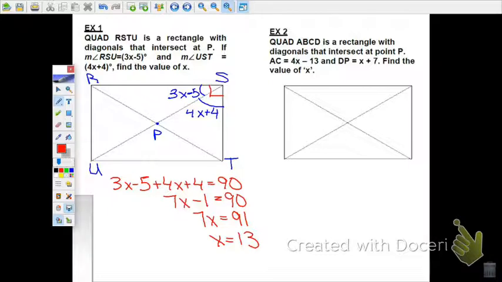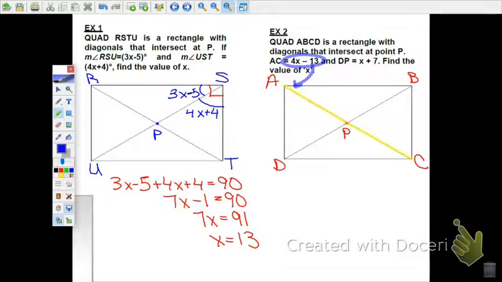Example 2 says quadrilateral ABCD is a rectangle, and the diagonals intersect at point P. For this problem, they tell me that AC, which is the entire diagonal, is 4x minus 13.